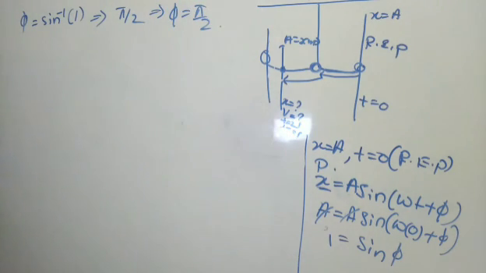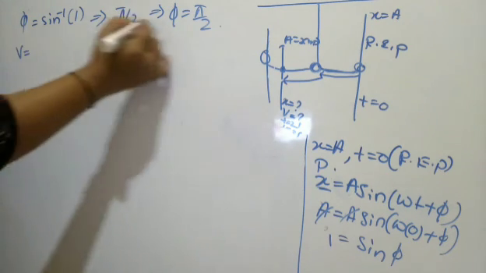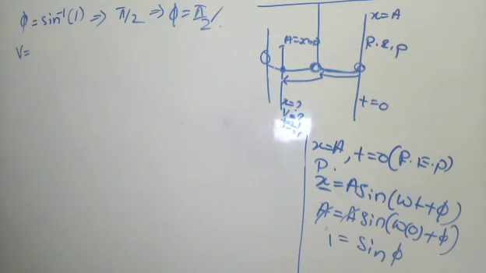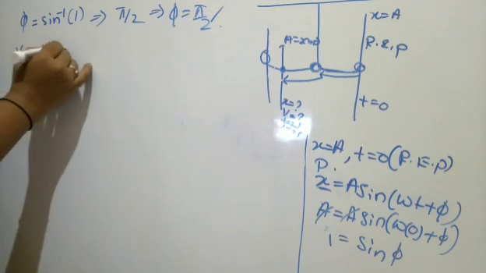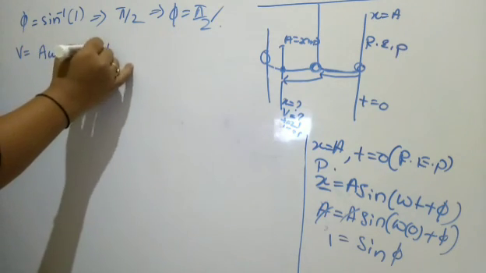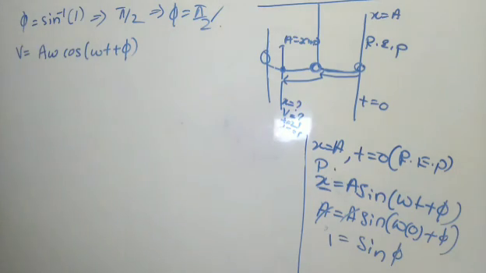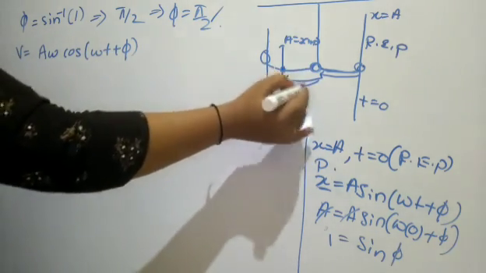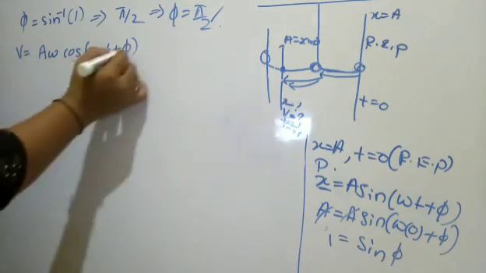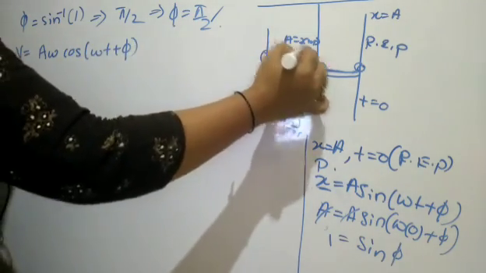So let us cross check with the velocity here. For the displacement we concluded that phi is pi by 2. Then the velocity is a omega cos of omega t plus phi, right? So again it is moving in the negative direction, which means this velocity will be again less than 0.